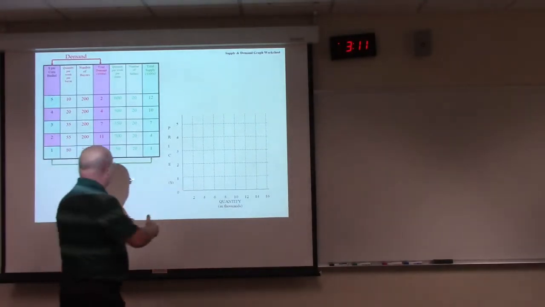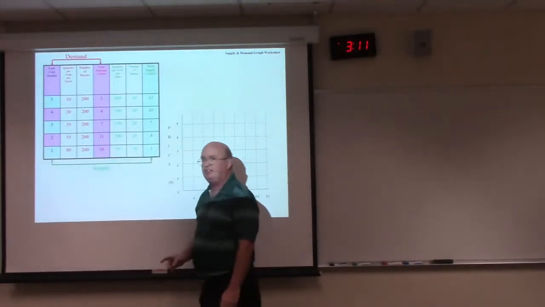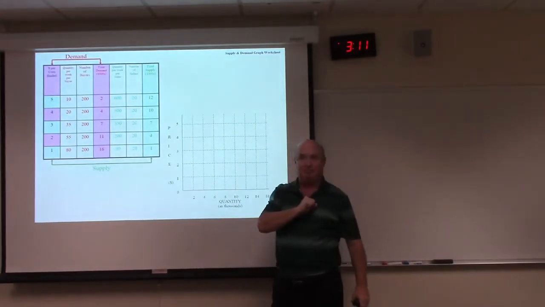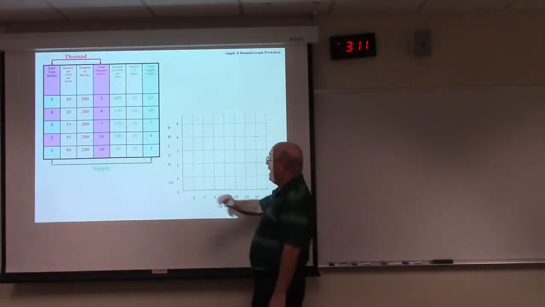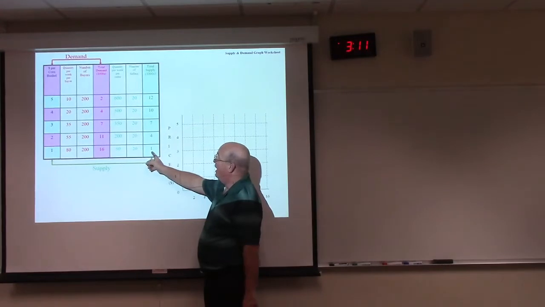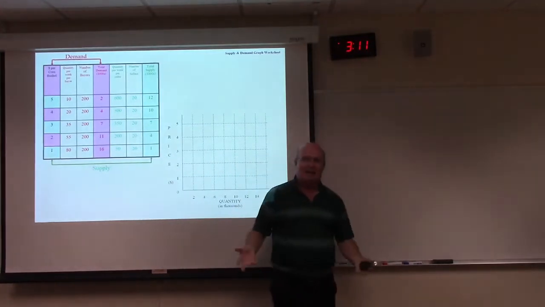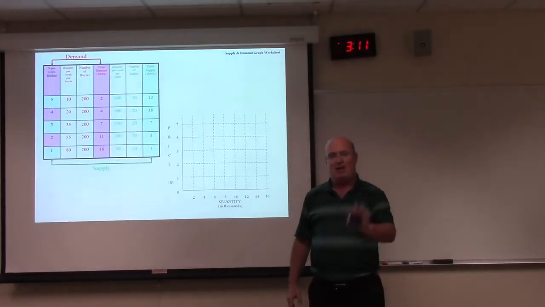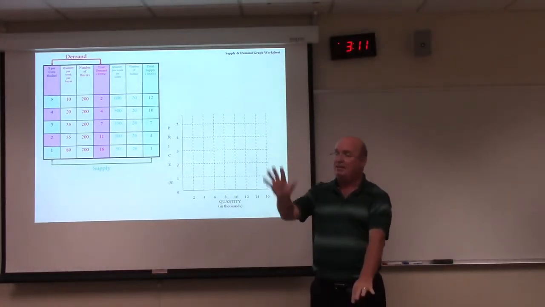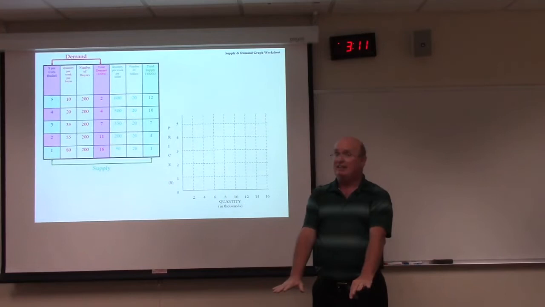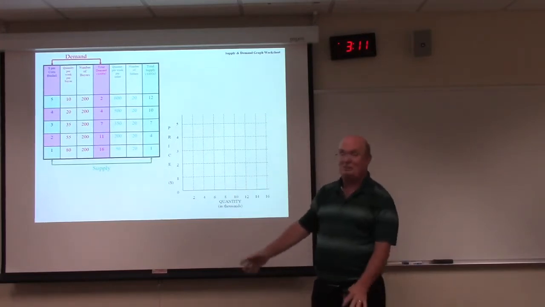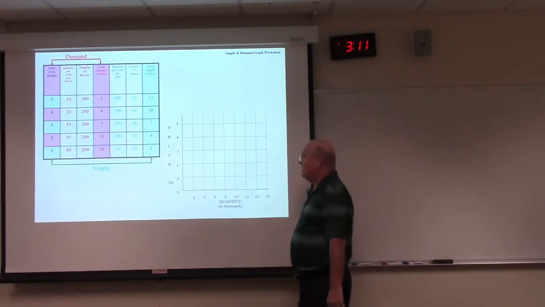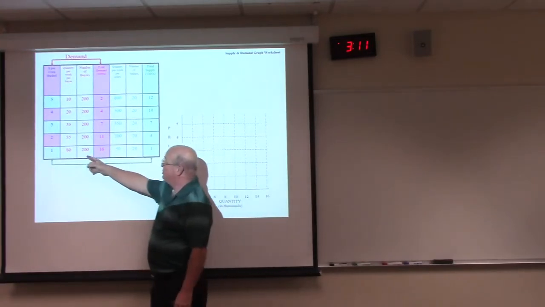Now the producers on the other side, we'll say we've got 20 producers. So maybe we asked 5 of them. We said, at $1, how many bushels would you produce? Well, remember, this is a real low price, and if the price goes down, the amount supplied goes down. So at a low price, we're not going to be making too much. So they go, well, what if we doubled it to $2?